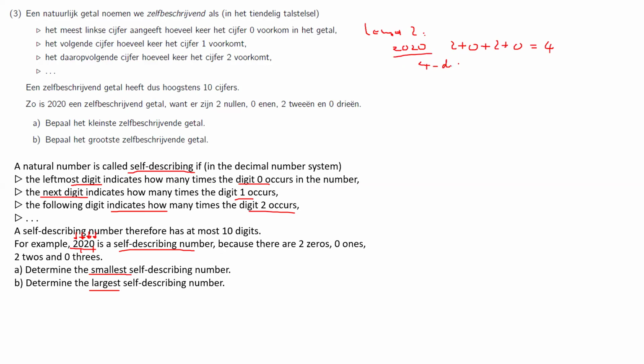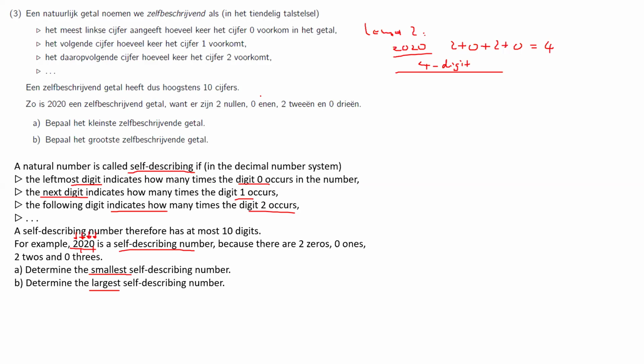Why? This is quite easy to prove, because from the definition, each digit in the self-describing number stands for the number of occurrences of different digits, right? So there's no overlapping.